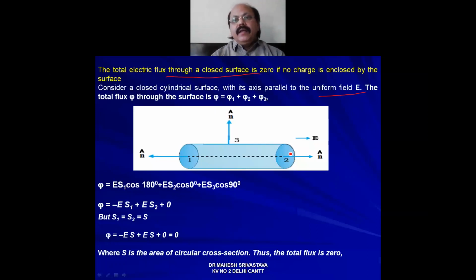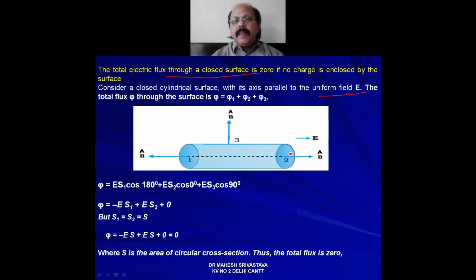While we are calculating the electric flux, since it is the product of the magnitude of the electric field and the component of the area vector, or the magnitude of the area vector and the component of the electric field, for that purpose we apply the formula phi is equal to E delta S cos theta, or E S cos theta.